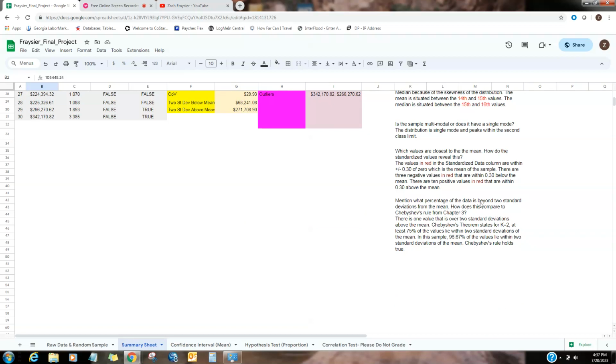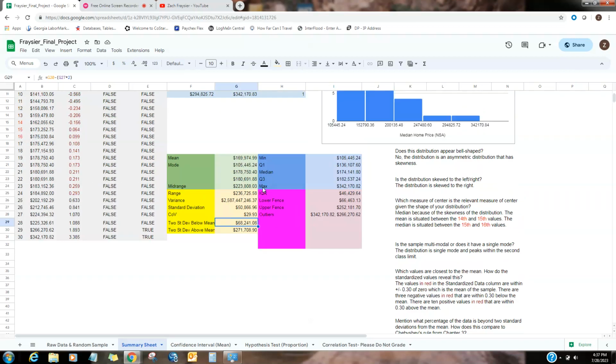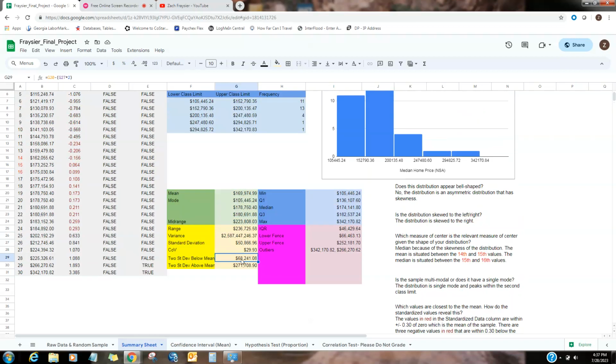And mention 2 standard deviations from the mean. How does that compare to Chebyshev's rule? Here I'm pulling numbers from here and here, the standard deviation, subtracting, and then adding it in this one.